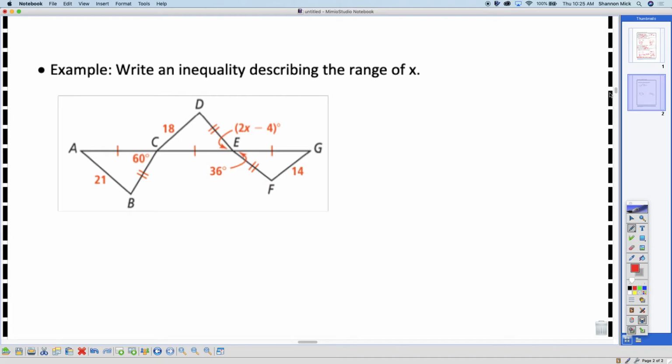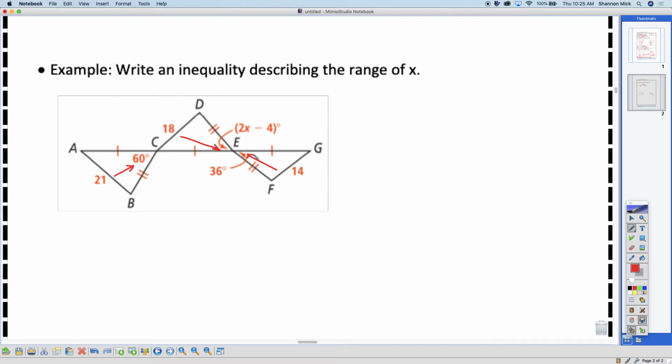Okay. Well, we've got a couple triangles going on here. We have more than one triangle. So we have AC is congruent to CE, which is congruent to EG, correct? All those are congruent. And so that means when I'm talking about this, I'm talking about 60 and this angle and 36.